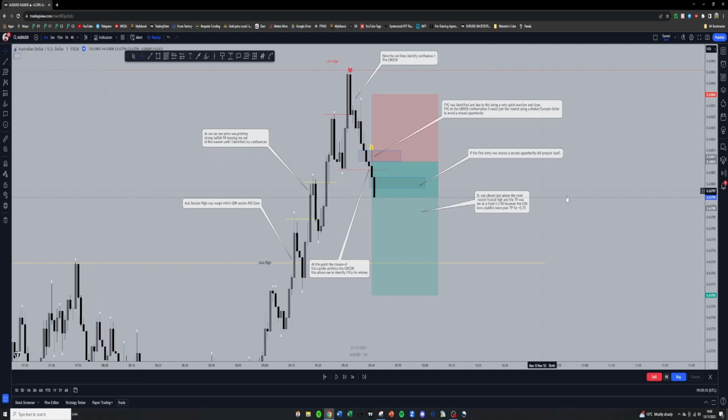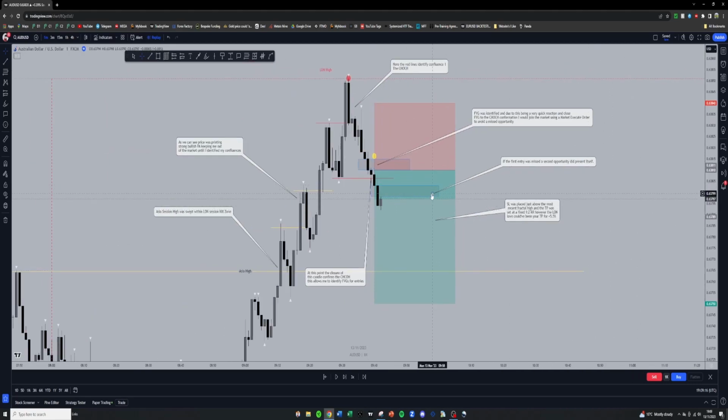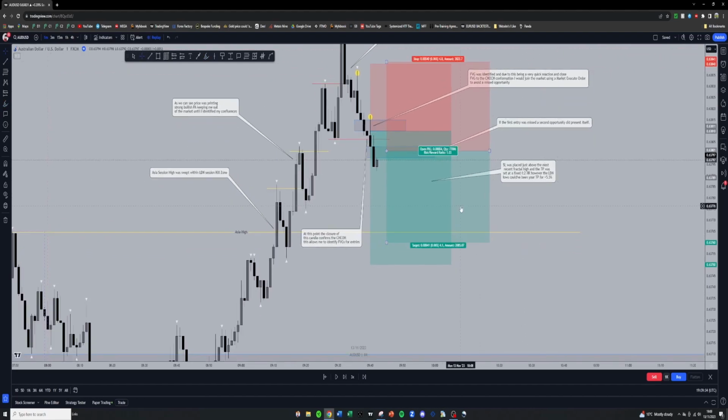And as you can see from the notes, if you did miss your first entry, a second opportunity did present itself here, where you have another fair value gap formed right here as identified, and all you would do is, again, say you wanted to join the market at the 50%, I would again be using this as I'd have a 4 pip on this, and I would use this fractal high still because it's holding liquidity and you know that it's a nice place to have your stop.